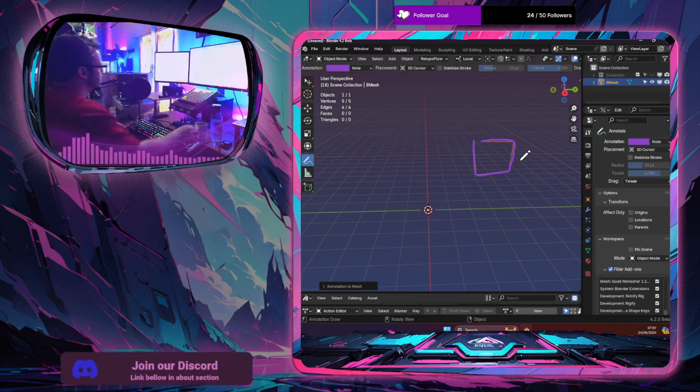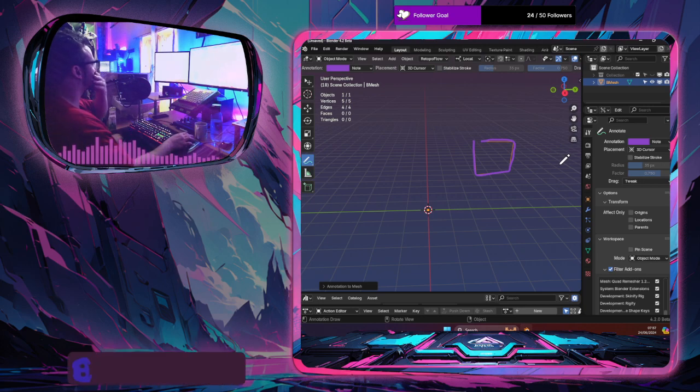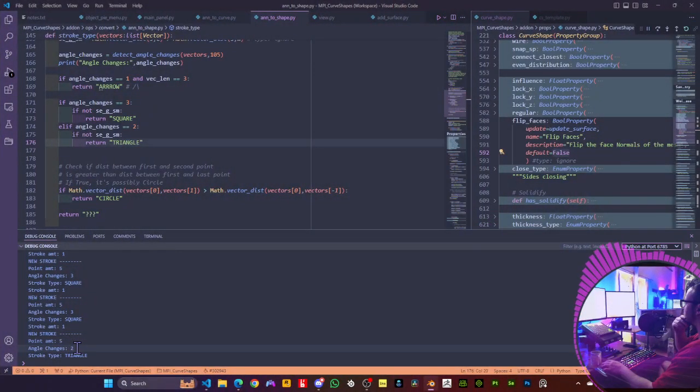We have 5 points. We got two angle changes. 5 points with two angle changes. So I'm looking at if it has two angle changes. It doesn't have three, so it skips being a square right away.